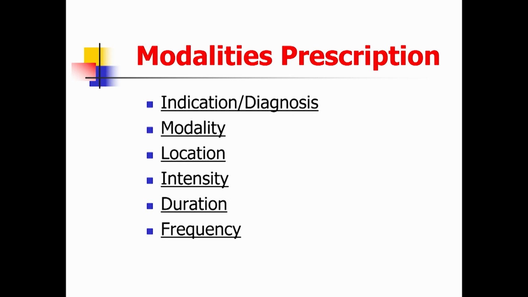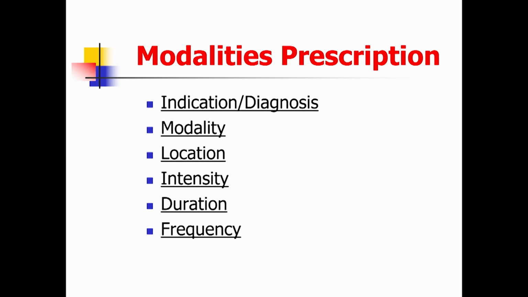So what we're going to do for this man is give him a prescription. There are about 6 things you need on every prescription, and one of those things is the diagnosis: shoulder capsulitis, frozen shoulder. The modality, in this case, I would like to use ultrasound. Now what about the location?